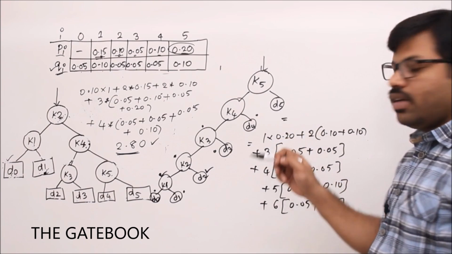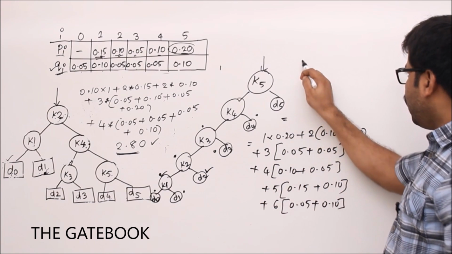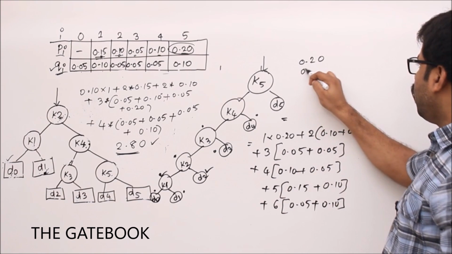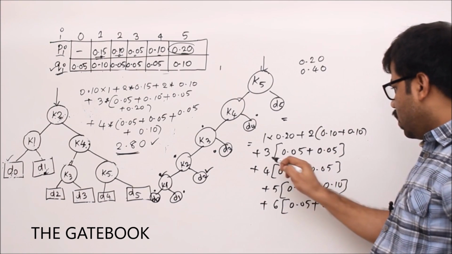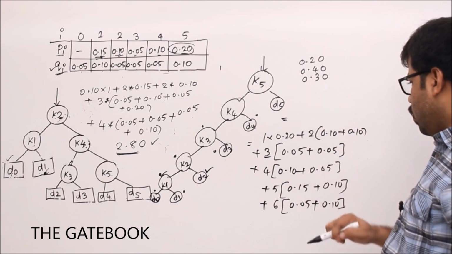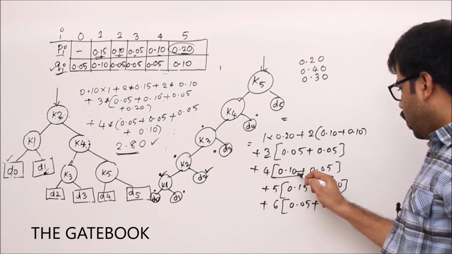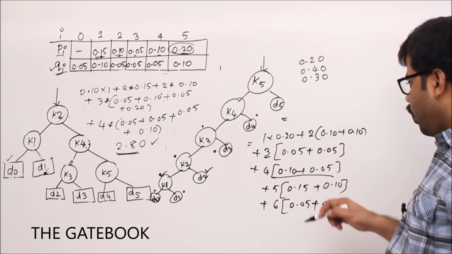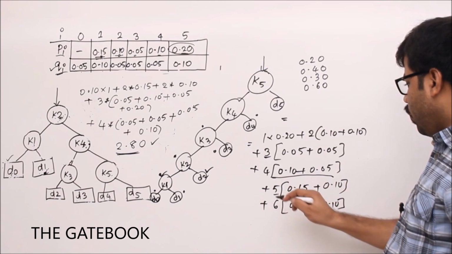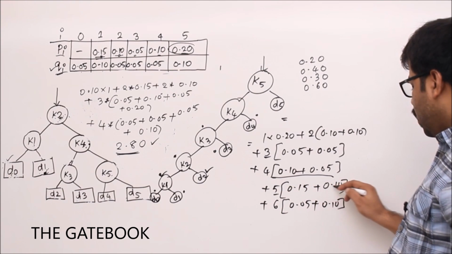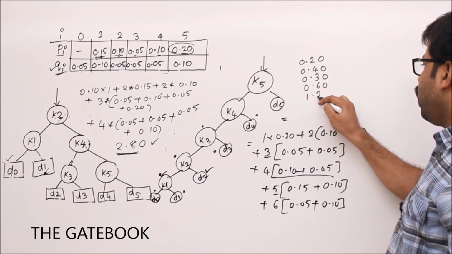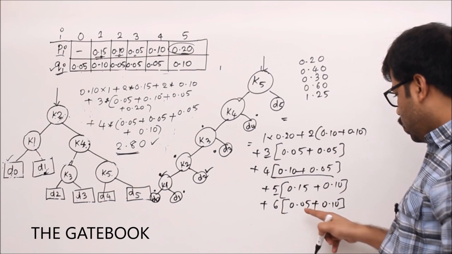If you simplify it, it will be 0.20 plus 0.20 into 2, 0.40, plus 3 into 0.10, which will be 0.30. Here this one, 0.10 plus 0.05, 0.15 into 4, 0.60. Then in this level 5 into 0.15 plus 0.10, 0.25 into 5 is 1.25, plus 6 into 0.15.